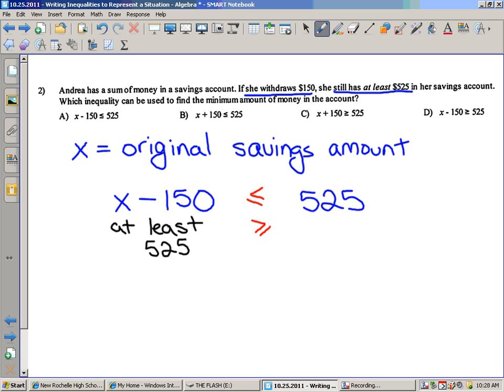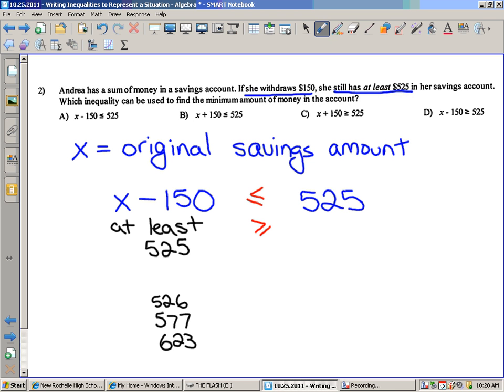Give me an amount of money that could possibly be in my pocket. I could have 526. What else could I have? At least 525. Yeah, I could have 577. I could have 623.